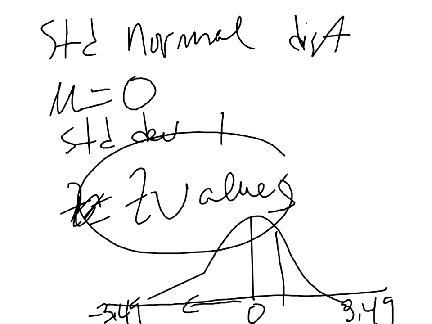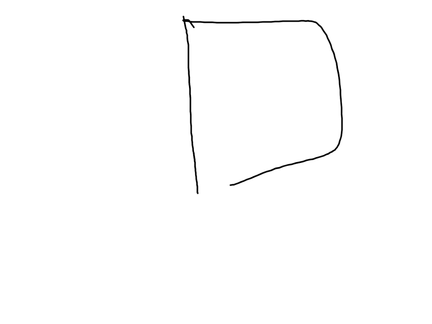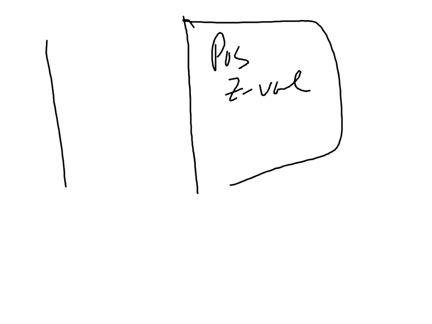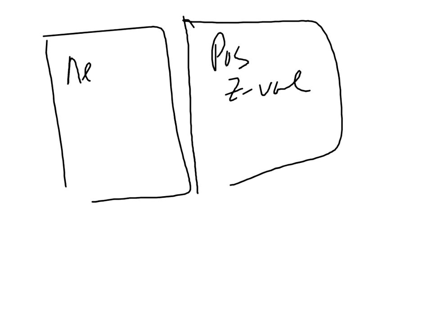Okay, and we'll really go into detail on this, but on one set of the tables we have the positive z-values, and then on the other side we have the negative z-values.